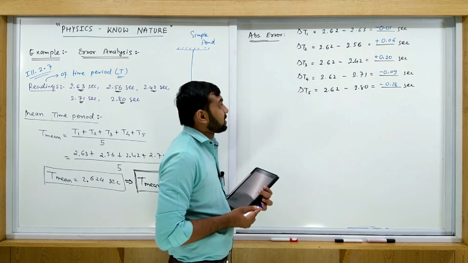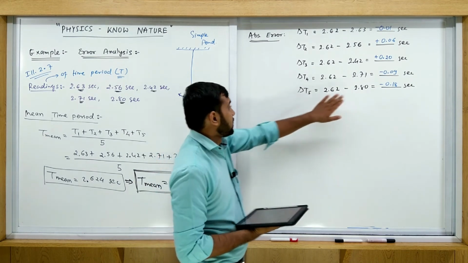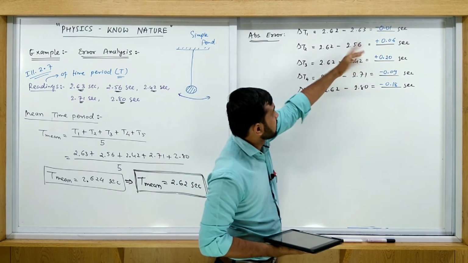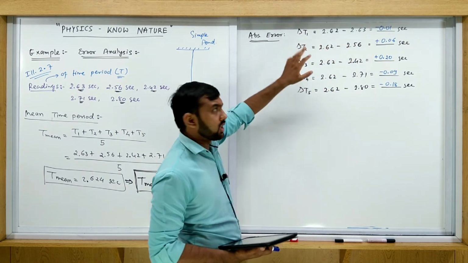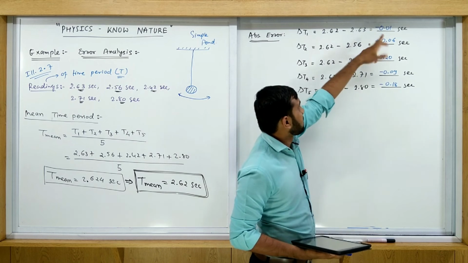Actually, in a textbook these values are found the opposite way: this one minus this one. You just change the sign. The answer is the same, don't worry about it.